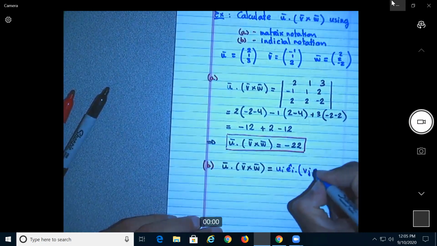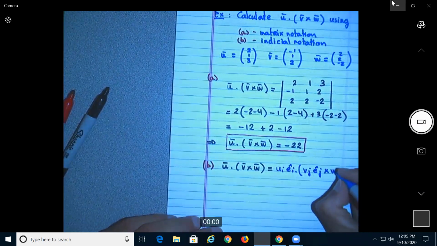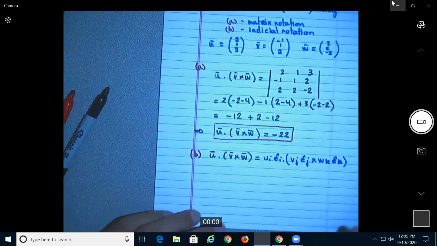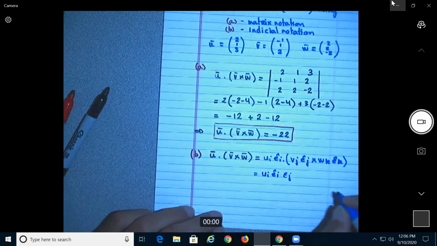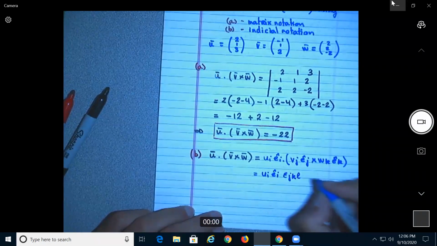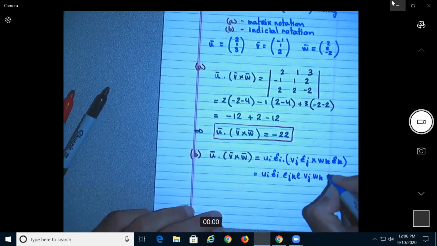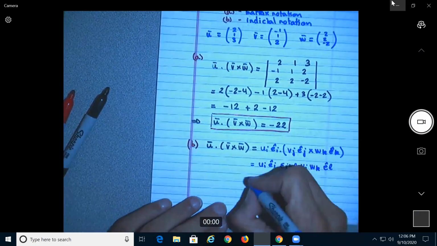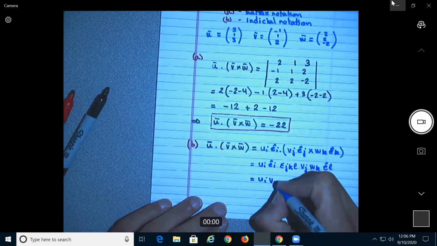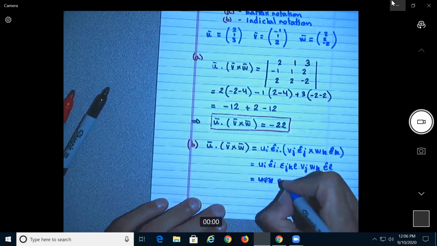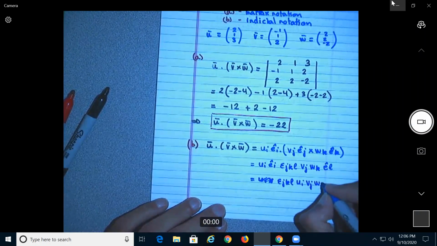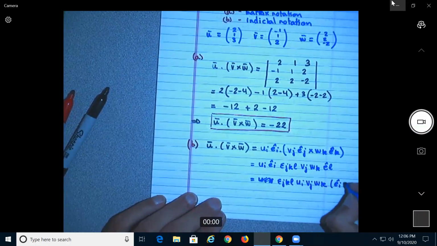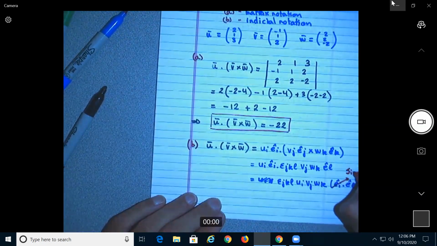So it will be V of J, E of J, cross W of K, E of K. So this will give you U sub I, E sub I, epsilon JKL, let's say I use L, V of J, W of K, E of L. So epsilon JKL, U sub I, V of J, W of K, of E sub I dot E of L, which is equal to delta IL.